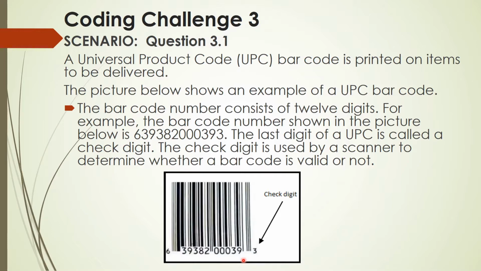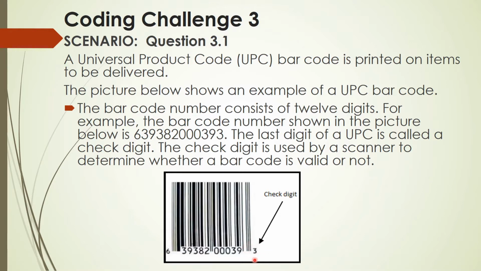For example, the barcode number shown in the picture below is 639-382-000-393. The last digit of a UPC is called a check digit.